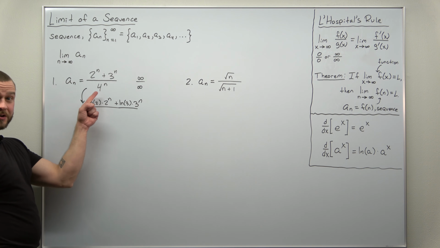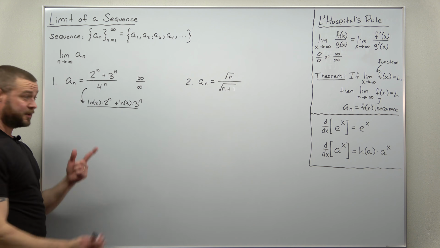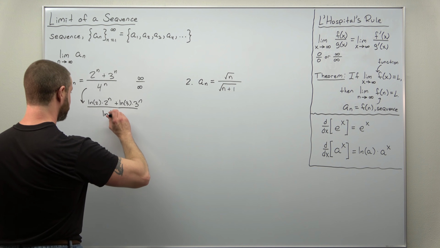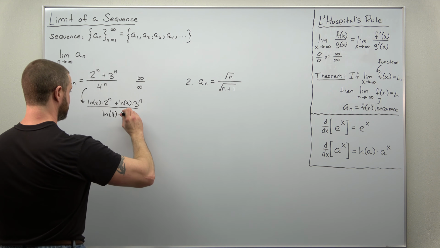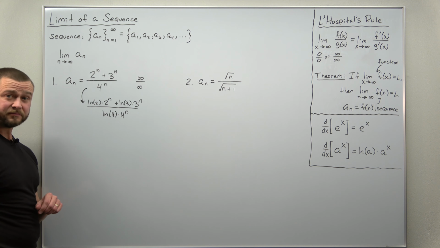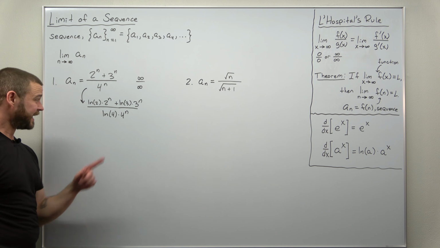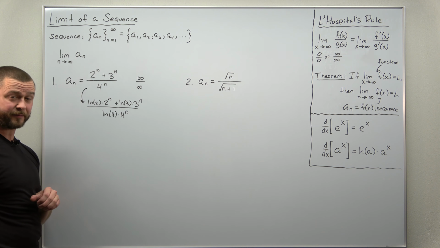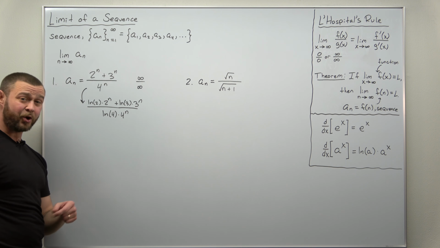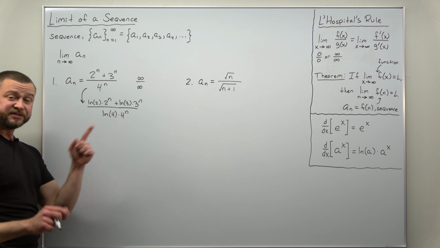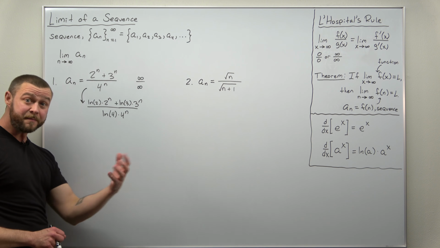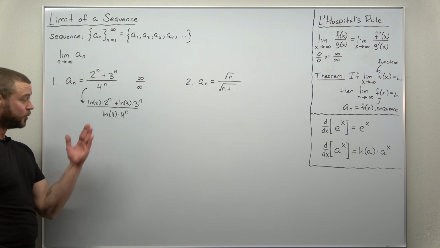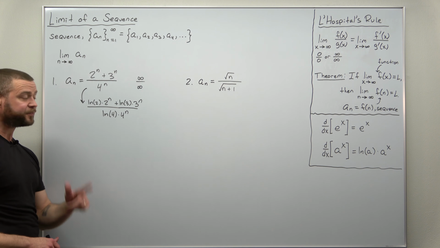And then differentiate your denominator individually, you'll get natural log of 4 times 4 to the n. That's actually making the limit look a lot more complicated. It is correct to apply L'Hopital's rule, but it doesn't simplify the problem for you. It makes it worse. So L'Hopital's rule, we're going to forget about it.